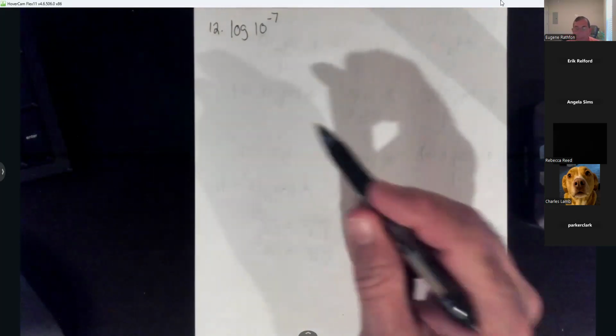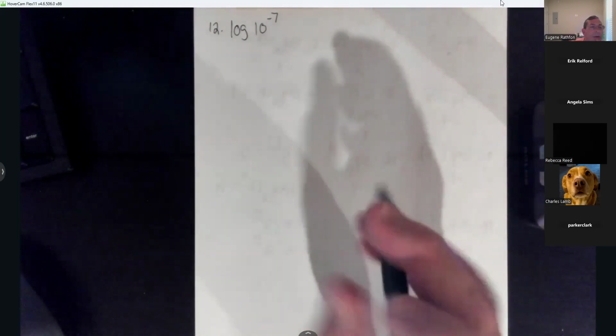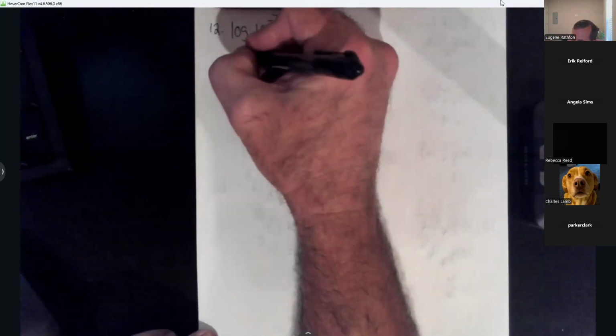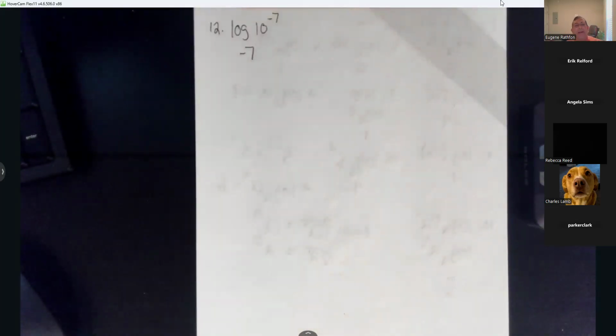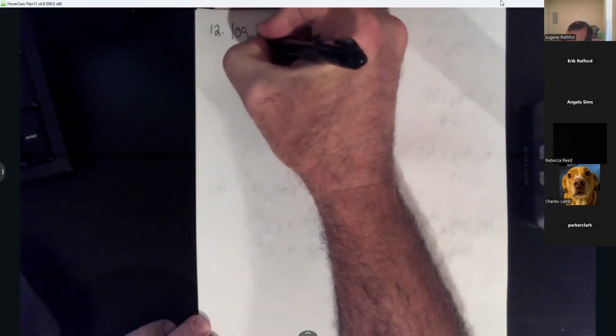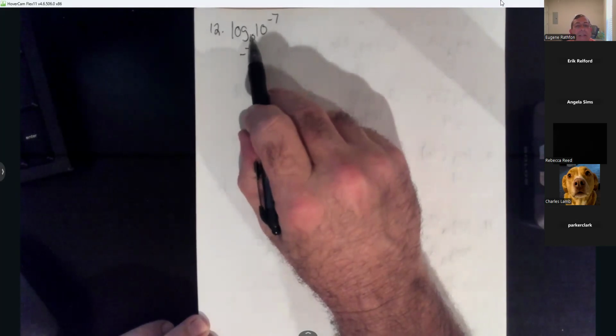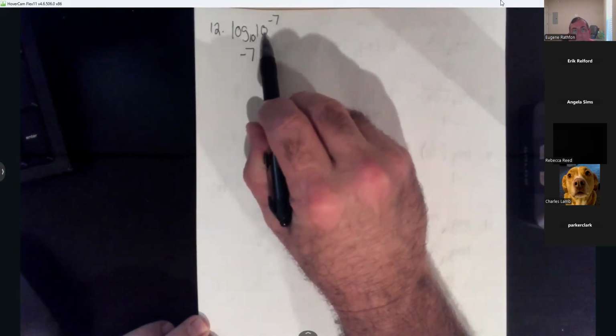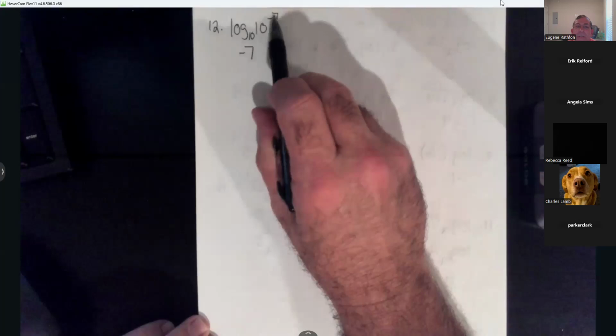And remember, you can punch this one in on the front of the calculator. Caleb, what do you got? -7, Charles -7, Angela -7. Good job, everybody. It's -7, because this one, since it didn't have a base, was actually a 10. So the base matches the base of the result raised to an exponent.